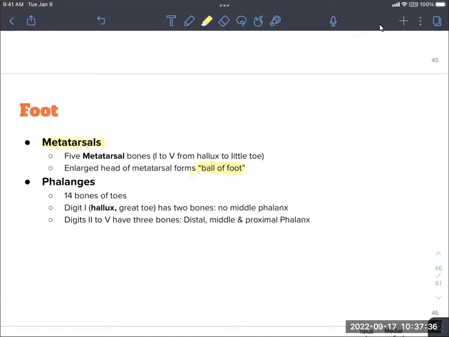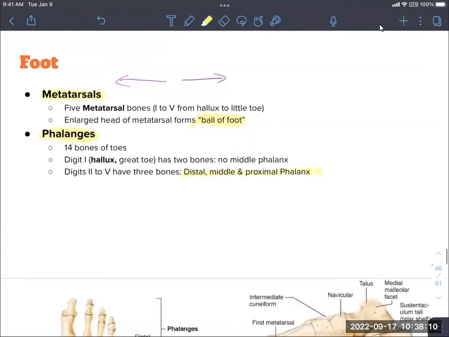So they start medial and they go lateral when they're being numbered. Just like your fingers are phalanges, your toes are phalanges. Your big toe, digit 1, the hallux, only has a proximal and distal phalanx, while 2 through 5 have proximal, middle, and distal phalanx, just like your fingers.